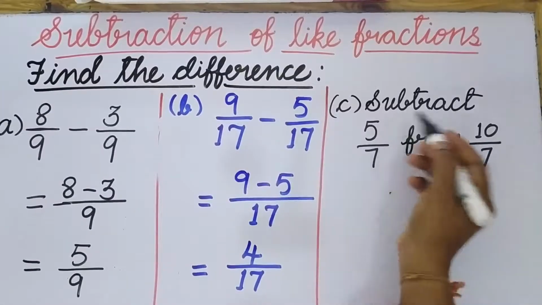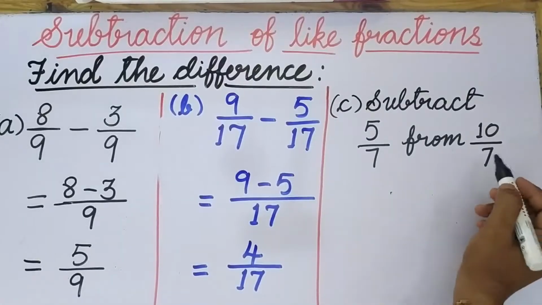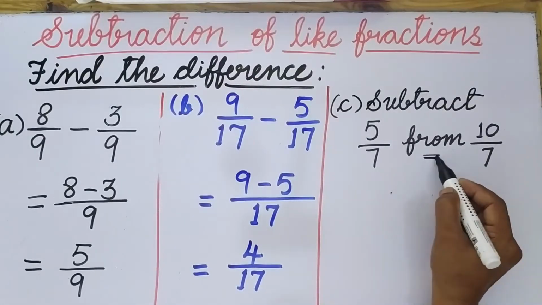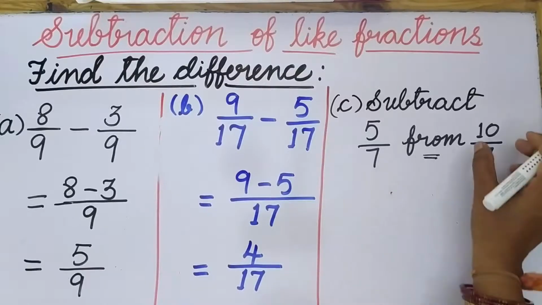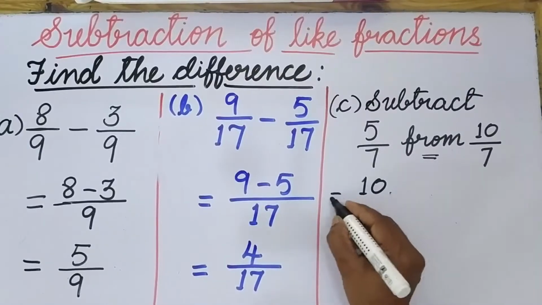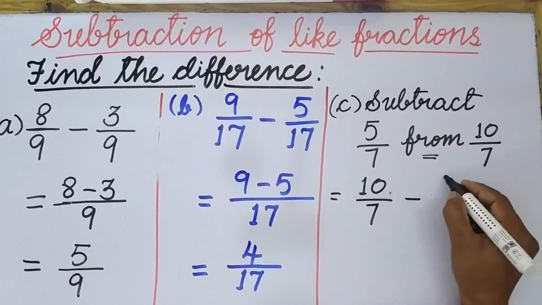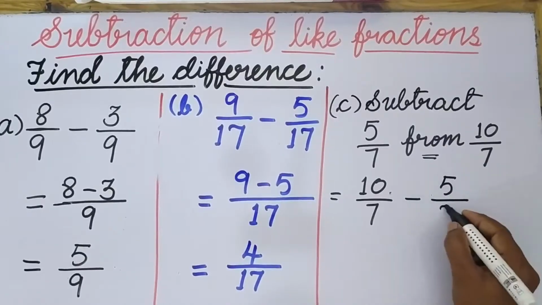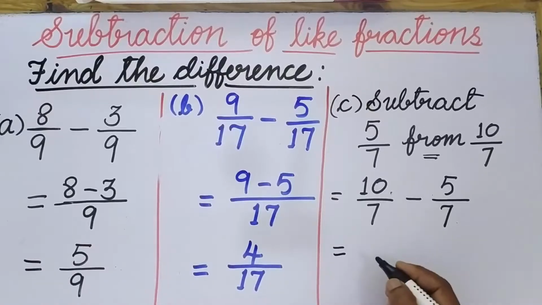Have a look. Subtract 5 by 7 from 10 by 7. Here, this word "from" you should observe. So, which number do we need to write first? That is 10 by 7. Okay. From this number we need to subtract. Be careful while solving such problems. If you write in this way, it's very easy.